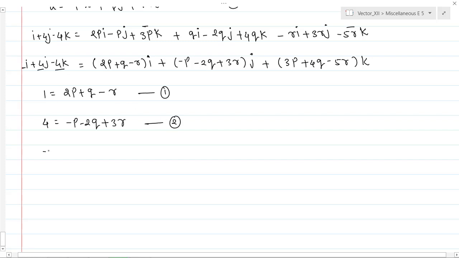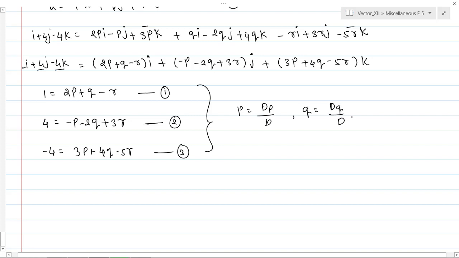And minus 4 is equal to 3p plus 4q minus 5r, equation number 3. So 3 equations, 3 variables, we can easily find the values of p, q, r. Use Cramer's rule. Cramer's rule says p is equal to dp by d, q is equal to dq by d, and r is equal to dr by d.